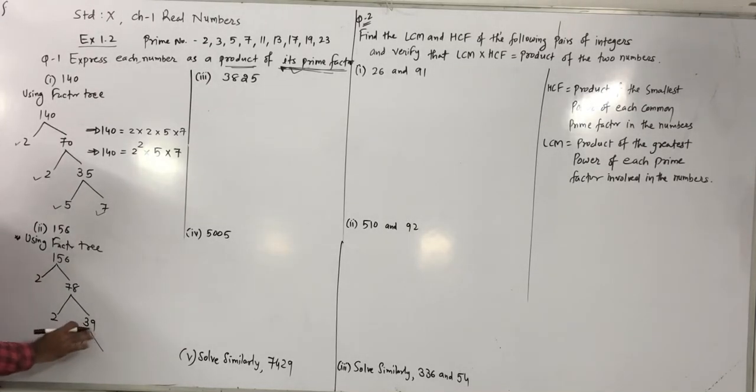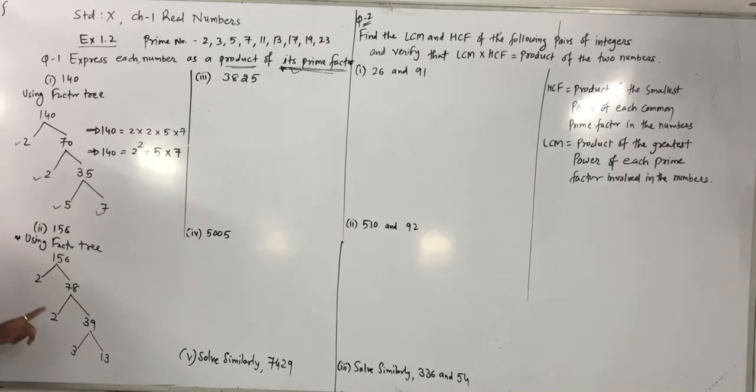So 39 is divisible by 3 because both its digits are multiples of 3, so it is divisible by 3. Or you can say 9 plus 3 is 12, and 12 is divisible by 3, so that number is also divisible by 3. If you divide 39 by 3, we get 13. Now 13 is a prime number, divisible only by 1 and itself, so we do not get another factor here.